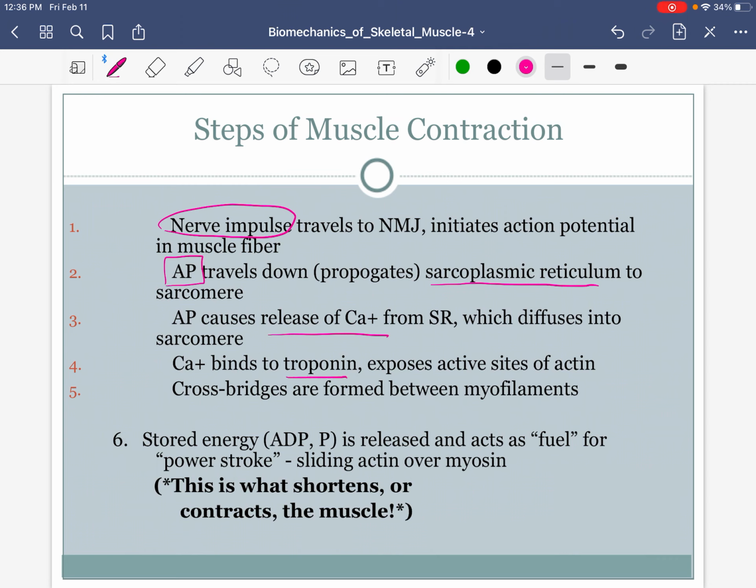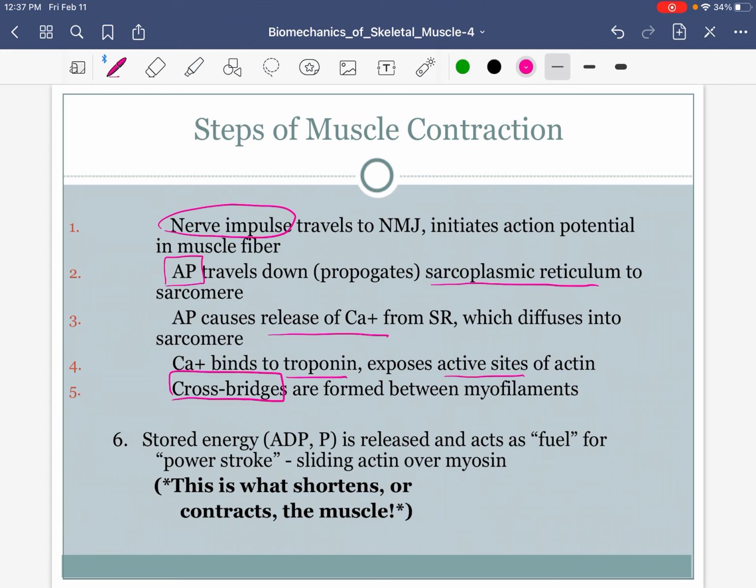It causes a conformational change to expose tropomyosin. Calcium binds to troponin, causing tropomyosin to move out of the way. And most importantly, now we have the active sites on actin exposed. Then we'll have cross-bridging. Cross-bridging is when the myosin head reaches up and binds to the active sites on actin.